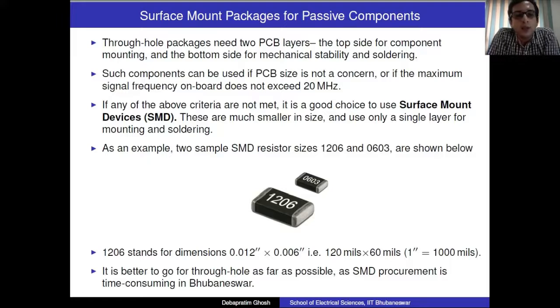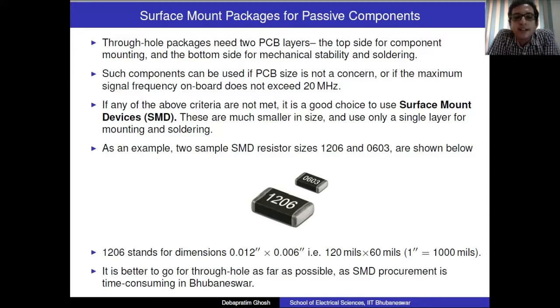So therefore, if you are using components for high frequency circuits, say for example microwave circuits or RF circuits, it is a very good idea to go for resistors, capacitors, etc., whose packaging does not have any leads.